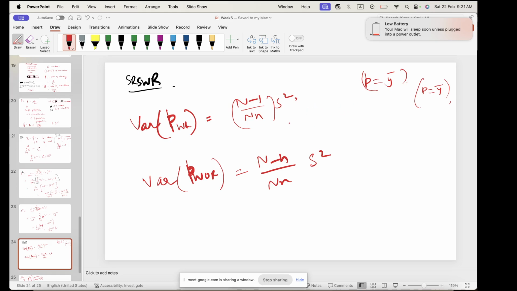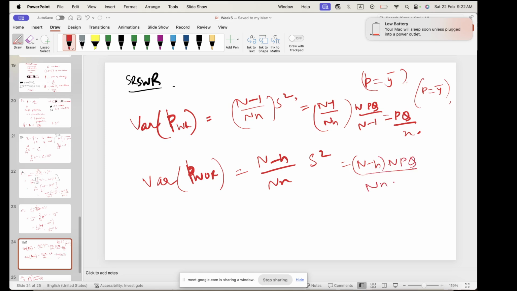So this quantity is actually n minus 1 by n into whatever we wrote, N pq by n minus 1. So this would be pq by small n, and here it also will be N minus n into N pq by N N minus 1. So this would be N minus n by N minus 1 pq.